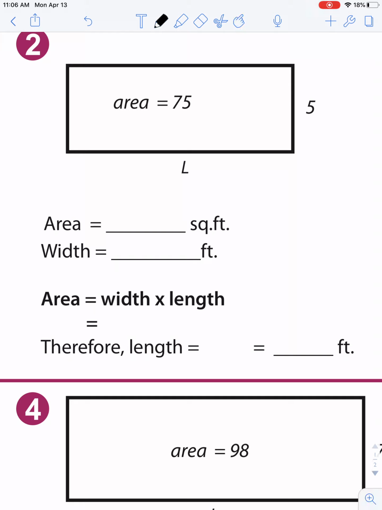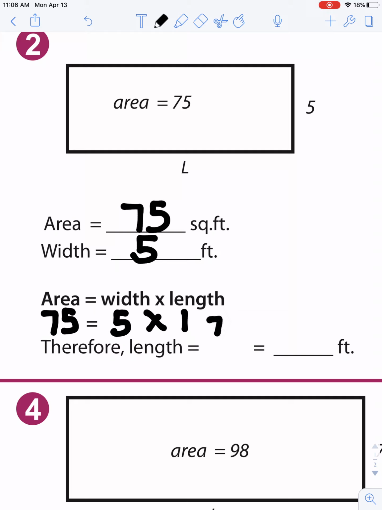In number 2, the area they give us is 75. The width is 5. So using the formula area, 75 equals the width 5 times our missing length. To figure out that missing length, we're going to turn our formula into a division problem. So the total area, 75, divided by the width 5, will give us our length.